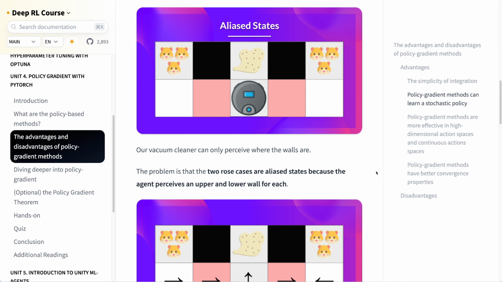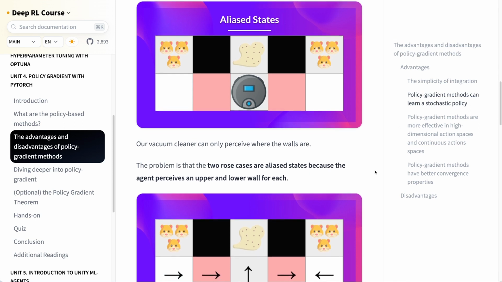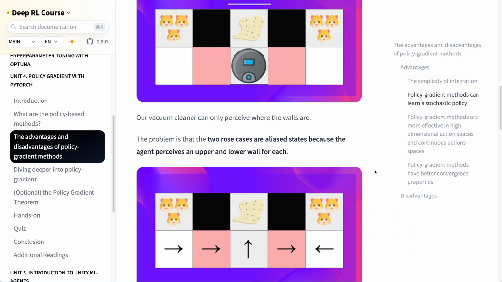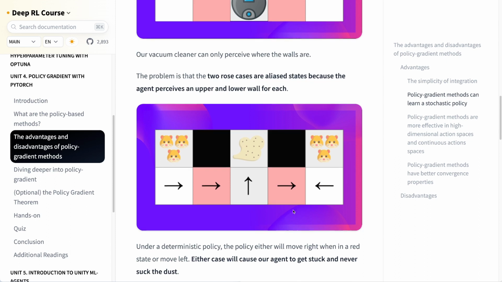The problem is that the two red cases are aliased states because the agent perceives an upper and lower wall for each.